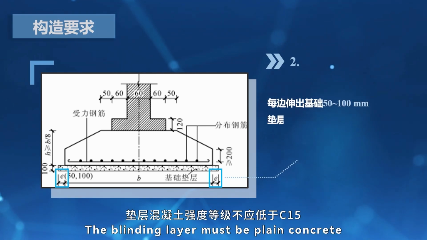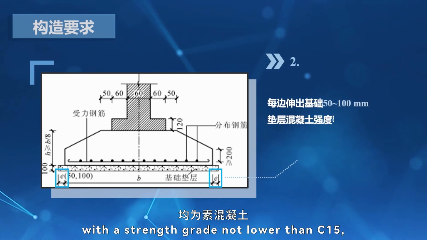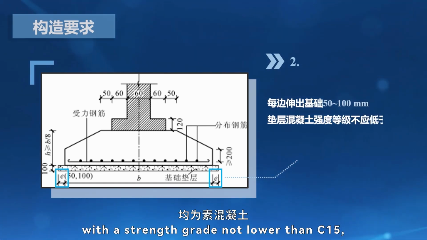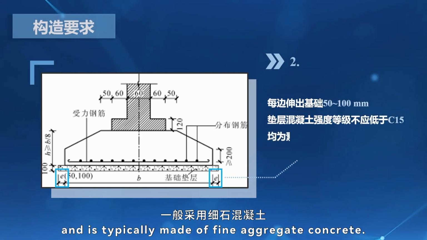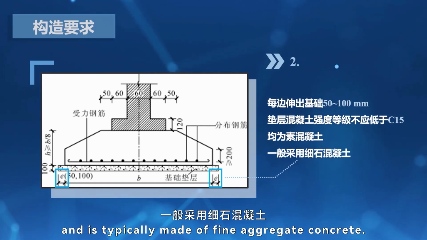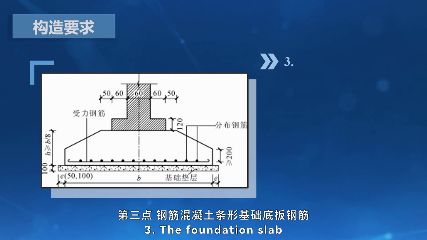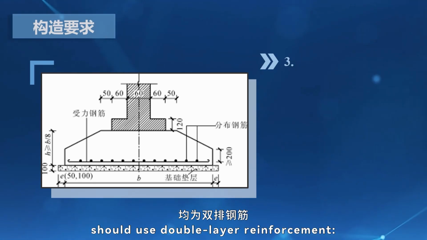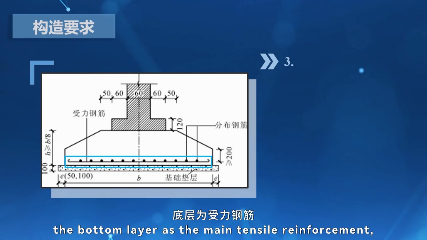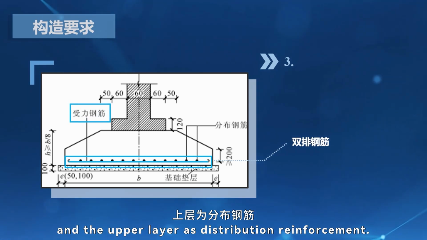The blinding layer must be plain concrete with a strength grade not lower than C15 and is typically made of fine aggregate concrete. 3. The foundation slab should use double-layer reinforcement, the bottom layer as the main tensile reinforcement, and the upper layer as distribution reinforcement.